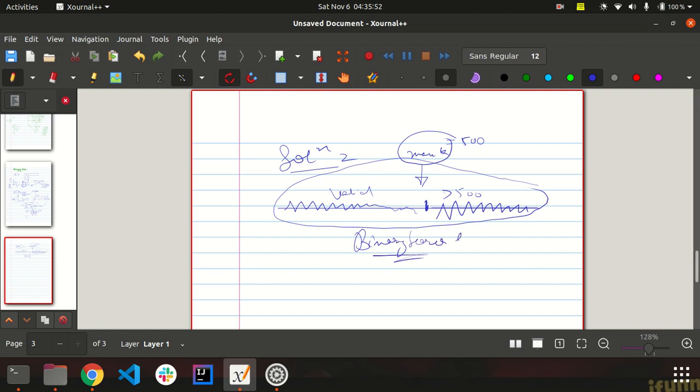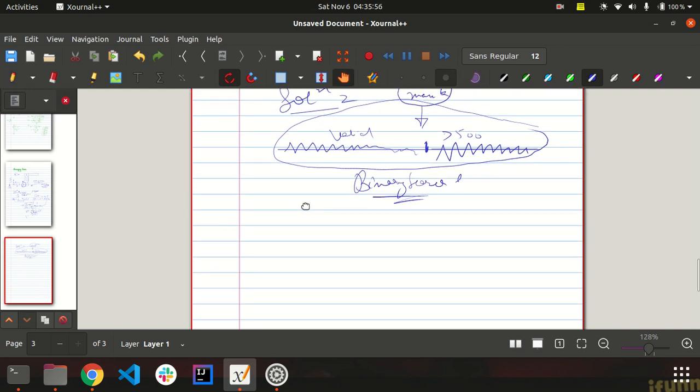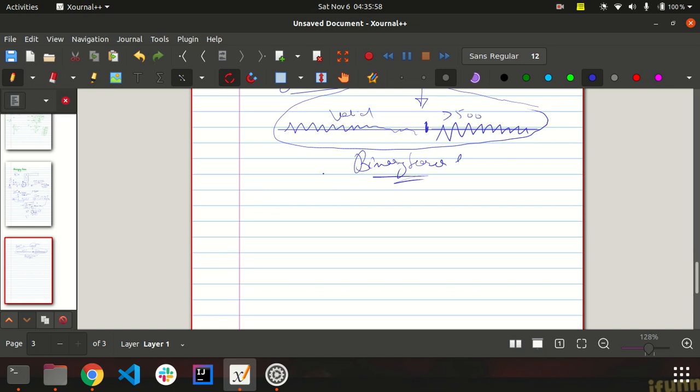Now, hope this is clear. So for example, let's take a few examples. For 25, right, 1 is greater than 25, right? So that means this k is our solution.